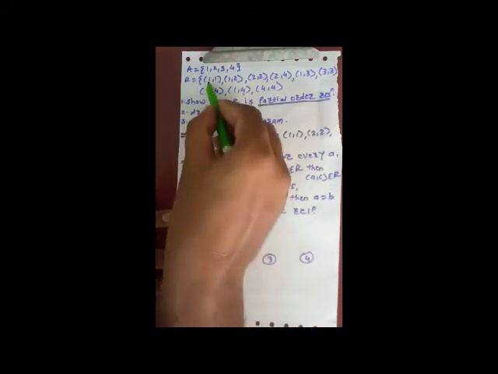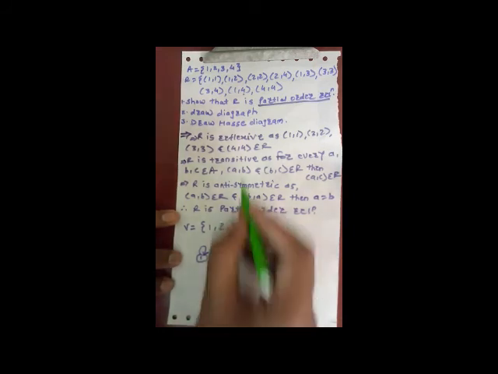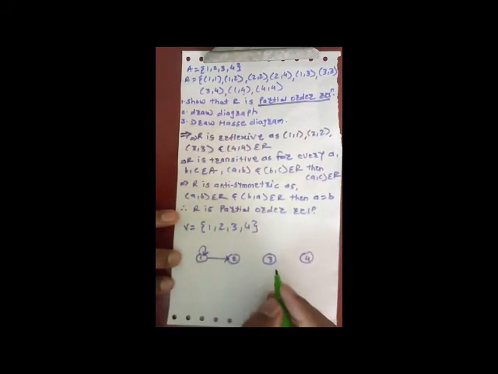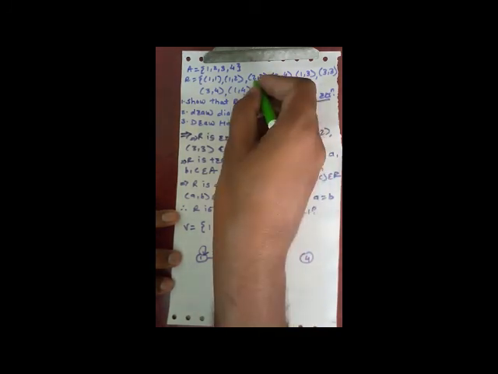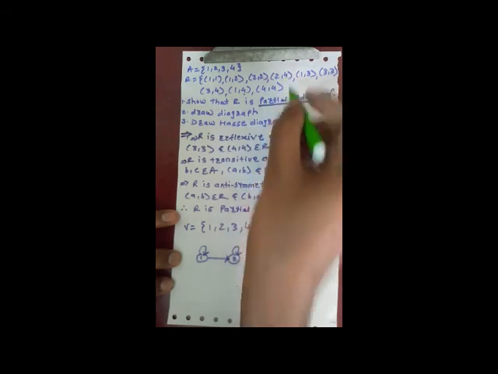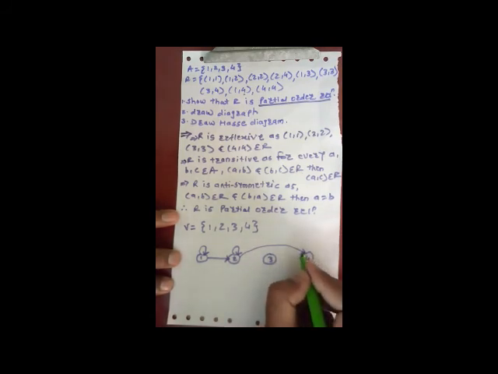Then check 1 comma 1, this one. 1 comma 2, that is 1 to 2. Then 2 comma 2 self loop, then 2 comma 4, this one.